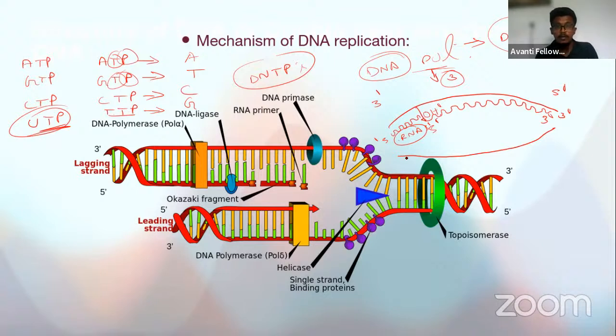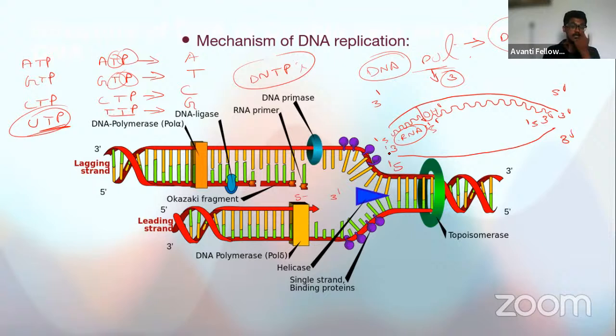You can see here very clearly. Now I will write here, okay? One is going in the 5' to 3' direction, and this synthesis is happening in a continuous fashion, like we saw. But what is happening in the opposite strand? The parental strand runs in the opposite direction, whereas the daughter strand has to be synthesized 5' to 3'.